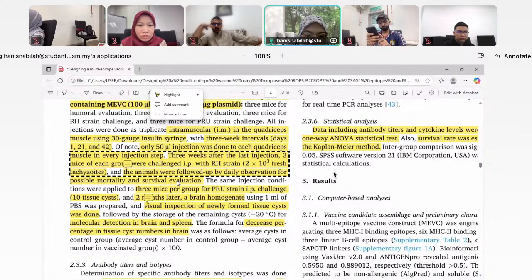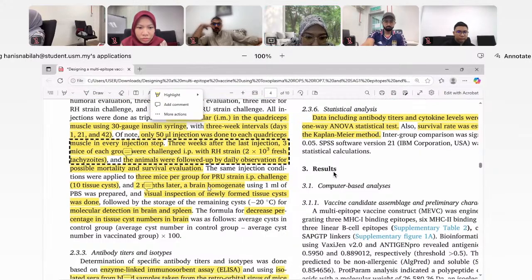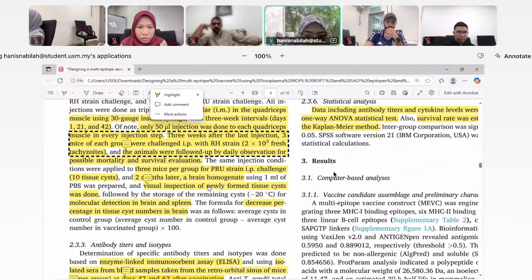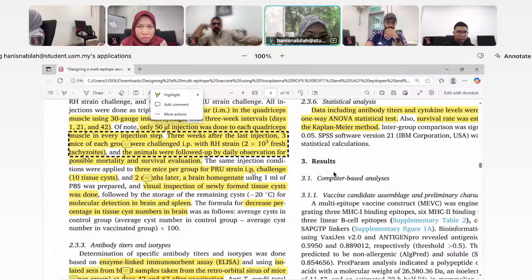For the PRU strain, they challenge by IP with 10 tissue cysts, and 2 months later they harvest the brain homogenate.